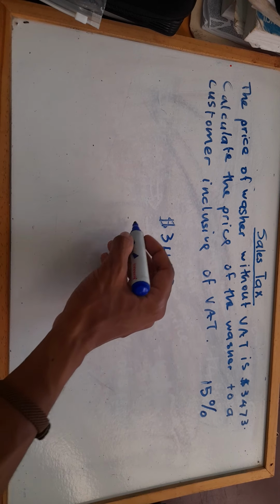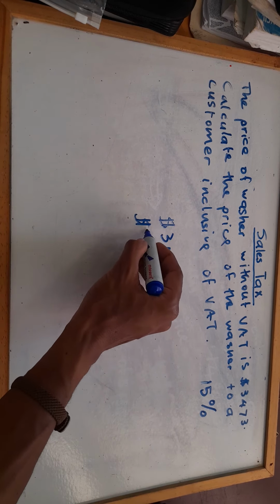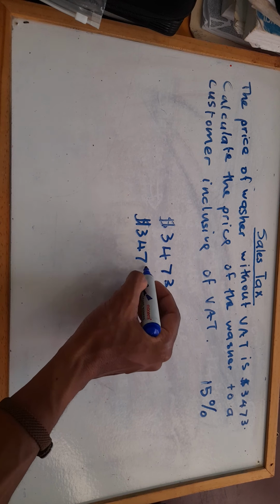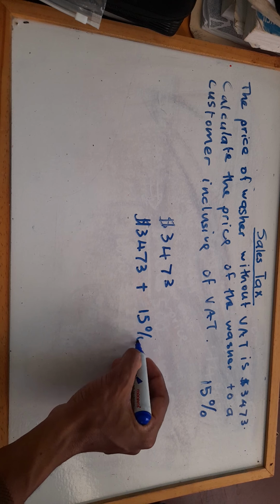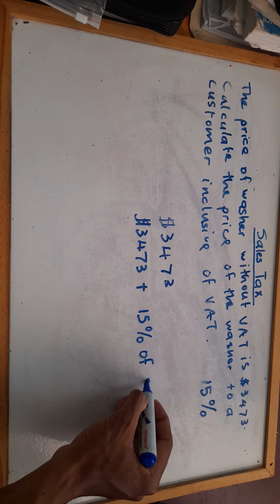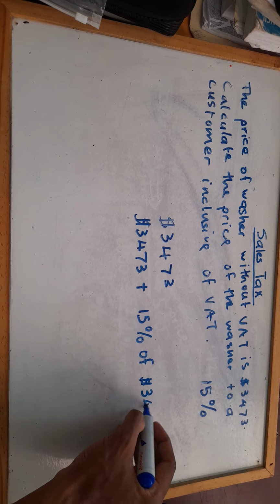Now, the VAT inclusive price would be their cash price plus 15% of said price, right?